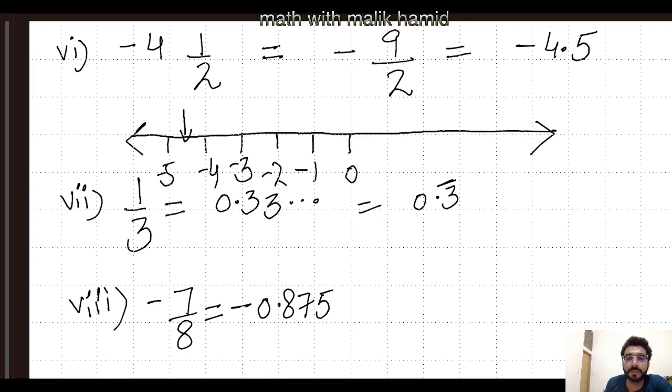So tell me, students, minus 0.875, where does it lie on the number line? Simple. It lies between 0 and negative 1. So let's do the last part of question number 1.